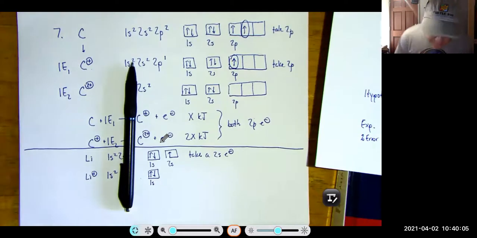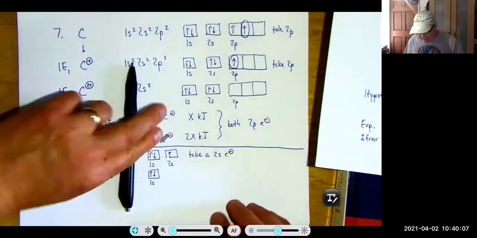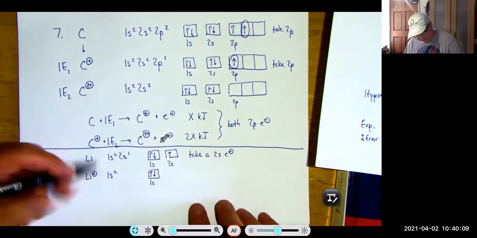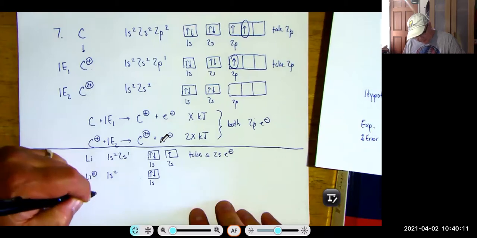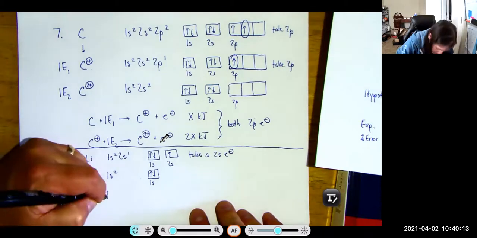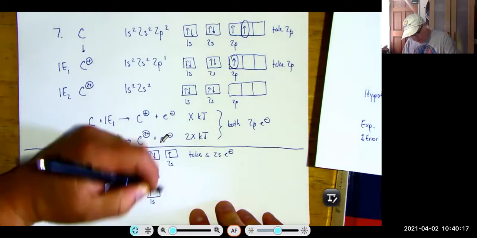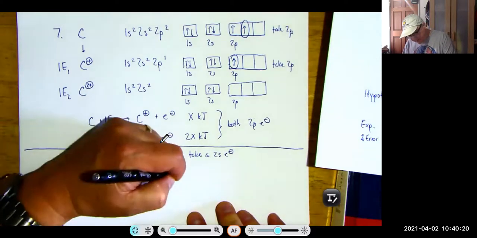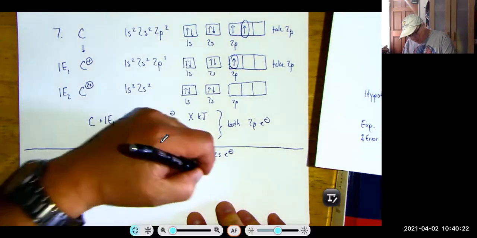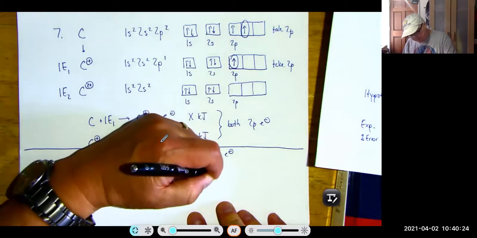And then for lithium 2 plus, we're going to get a 1s1. So here we're going to take a 1s electron.